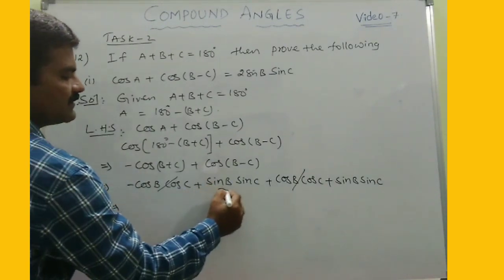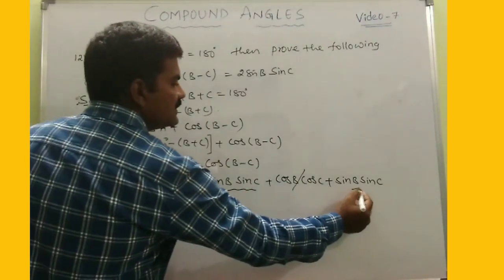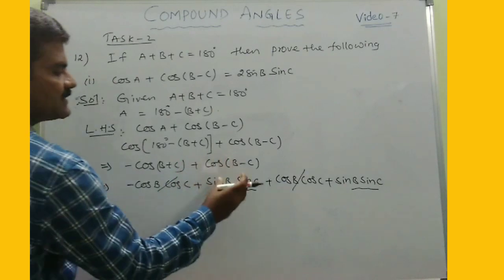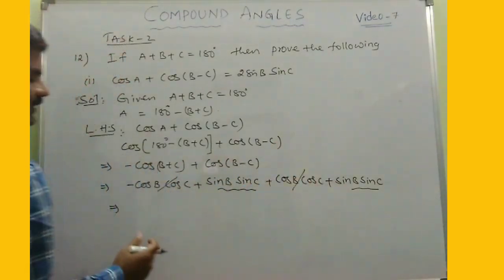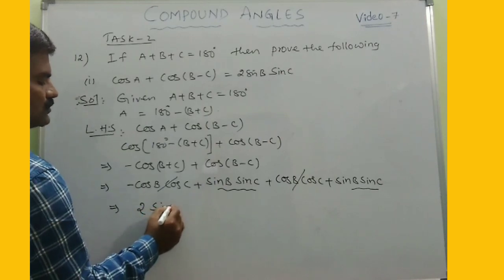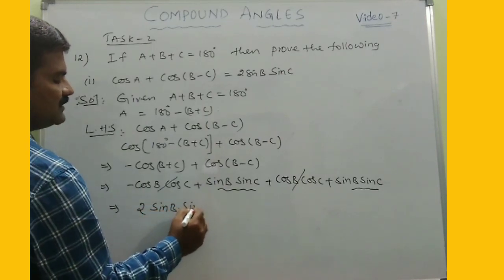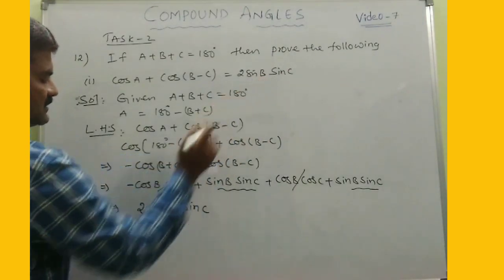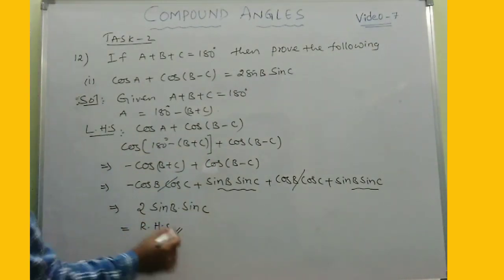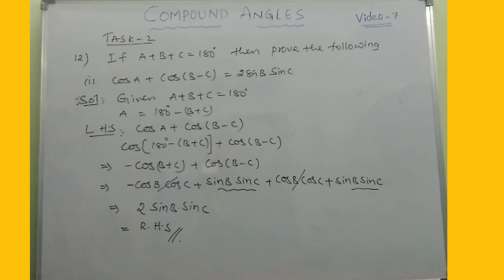Now you see, sin B into sin C, sin B into sin C, both are like terms, like x plus x, which is 2x. Hence this is 2 sin B into sin C. This is what we needed to prove, which is the RHS. Okay, this is condition number 1.